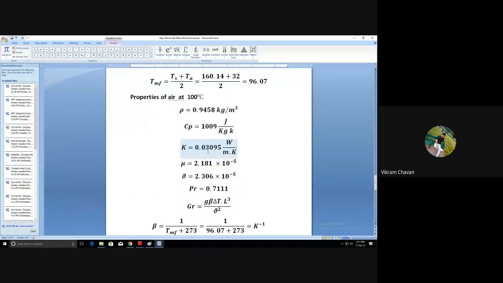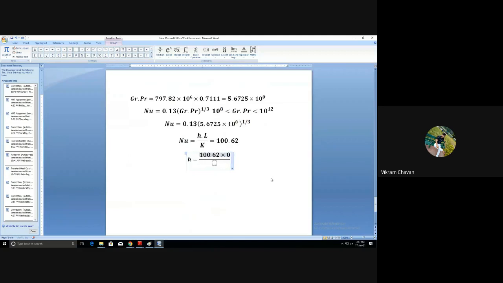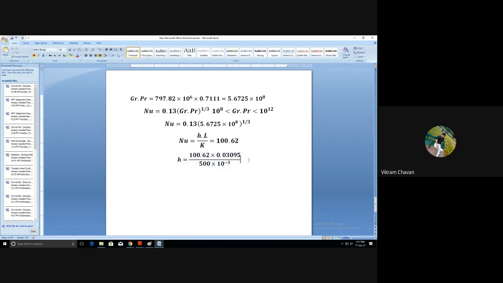The k value is 0.03095, divided by L. L is 500 multiplied by 10 to the power minus 3. Calculate the h value and let me know. That will be your actual h. 6.22. Great. 6.22, and it will be in watt per meter square Kelvin.